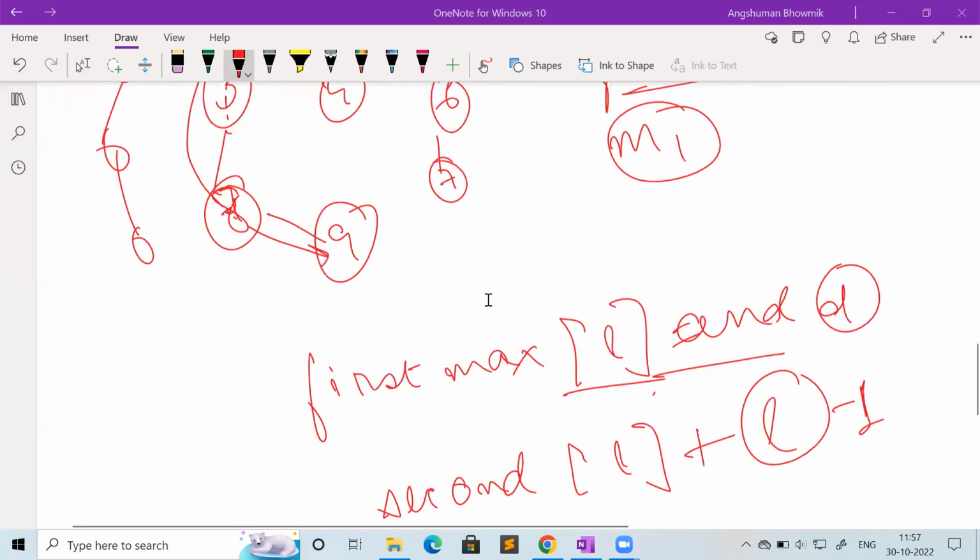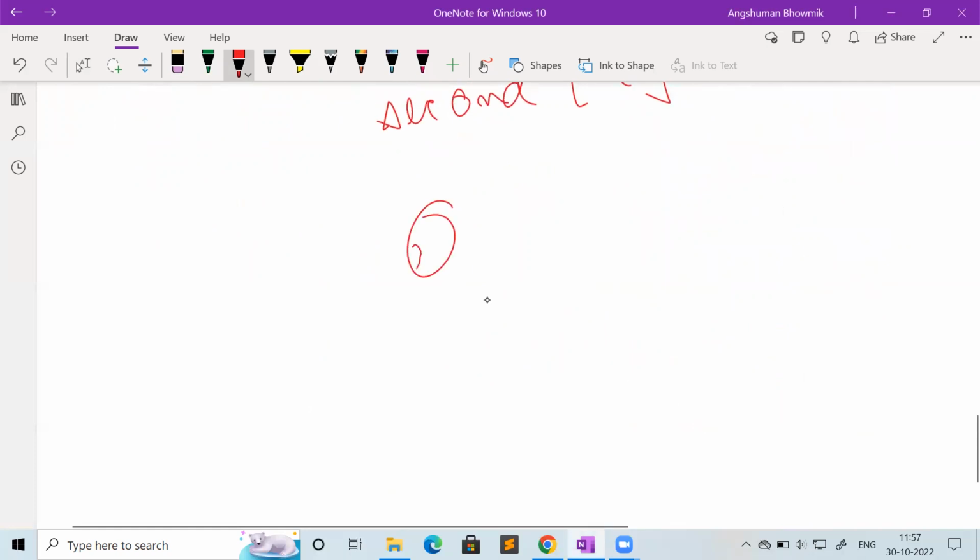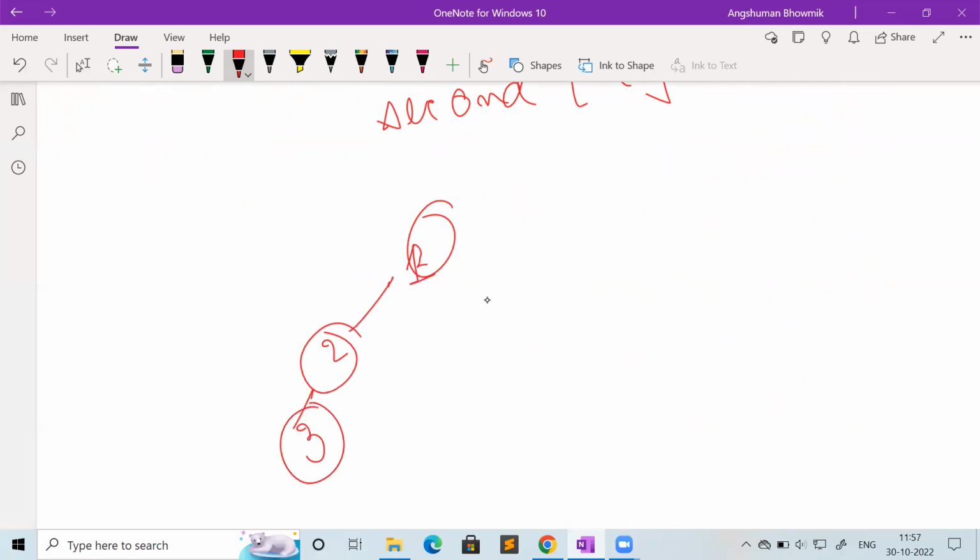If we have 1, then 2, then 3, then 2 is connected to 4. In this case, height is 2, and we have, let's say, another branch, 5, then 6. In this case, the height of the tree is 2.